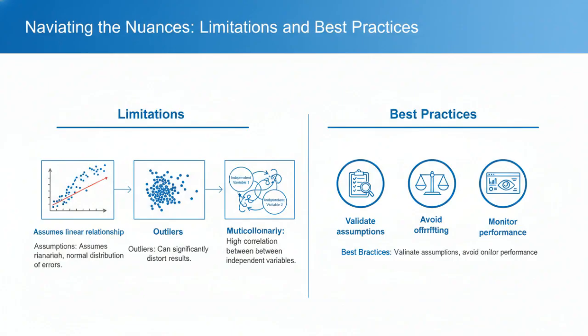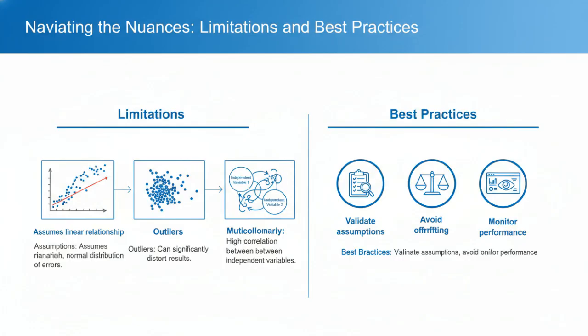While powerful, regression analysis isn't without its limitations. It inherently assumes a linear relationship between variables and often requires errors to be normally distributed. Outliers, extreme data points, can significantly skew the regression line and distort results. Another challenge is multicollinearity, where independent variables are highly correlated with each other, making it difficult to isolate their individual impact.